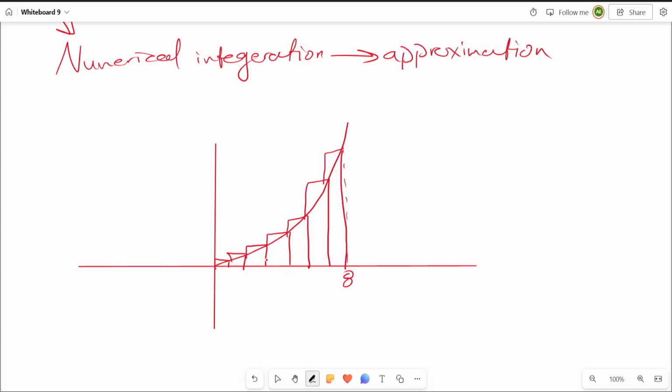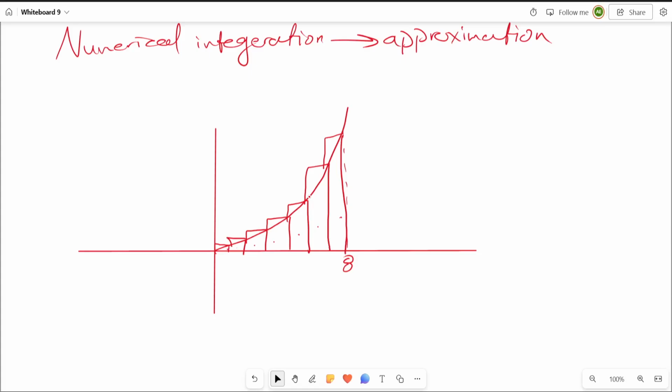So we approximated our area. We will get the area for each of these rectangles. We have 1, 2, 3, 4, 5, 6, 7, around 7 rectangles, and we will get the area, and this will give me an approximation. Obviously, I can see that I have some extra areas over here, which will make my answer probably greater than 1024. But basically, this is the approximation that we are trying to do.